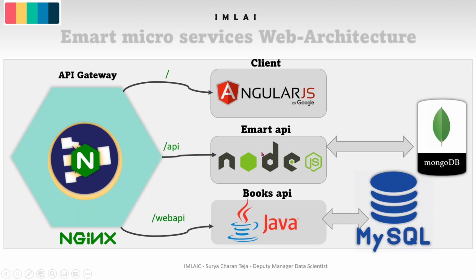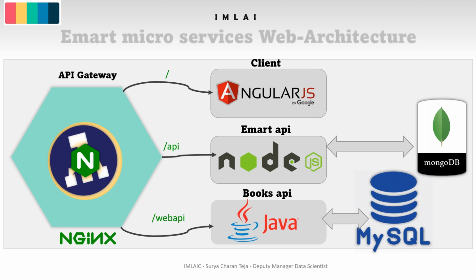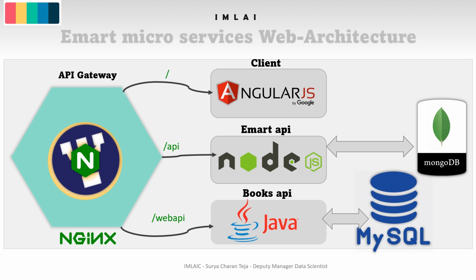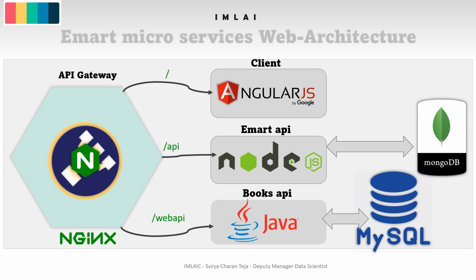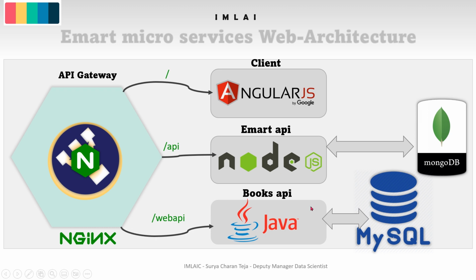Next, there is also one more integration of another service, Books API, which is written in Java and uses a MySQL database, an SQL database, and its URL is forward slash web API.